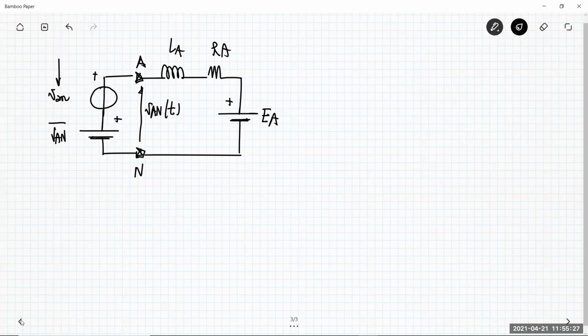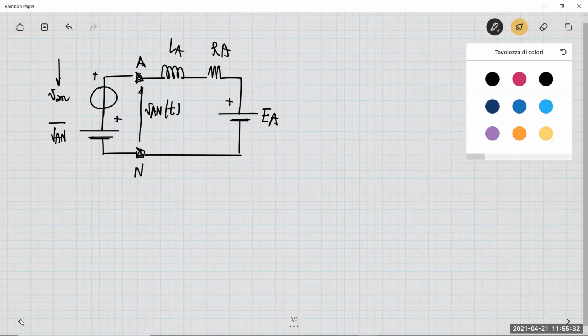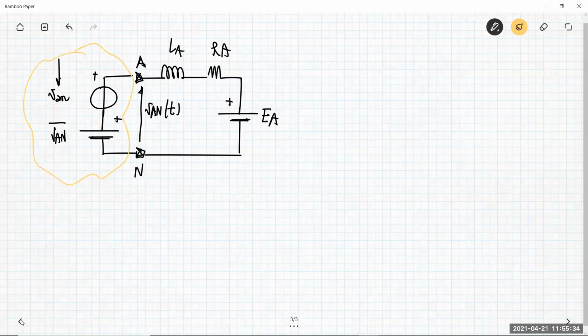This is the same circuit, in which I basically replace the switching power pole with the voltage appearing at the node AN, and then this is connected to the DC motor model.